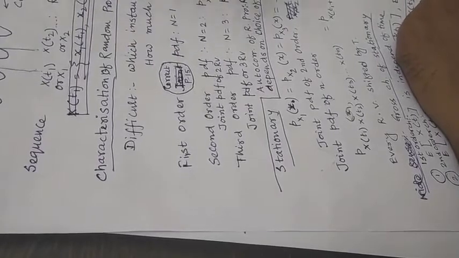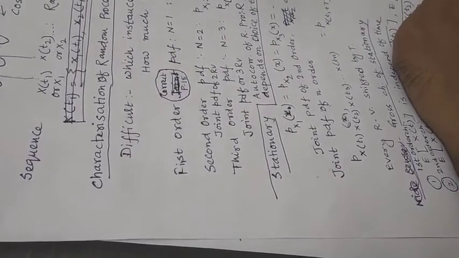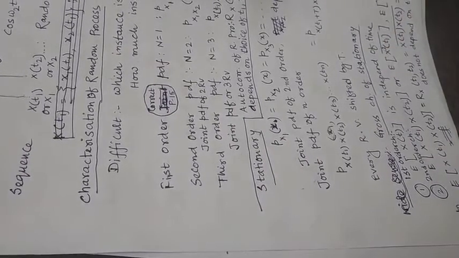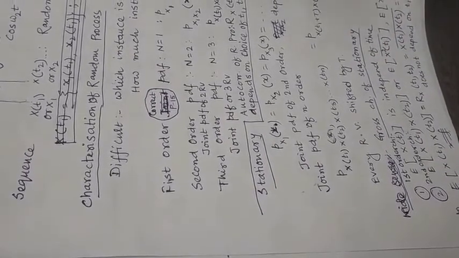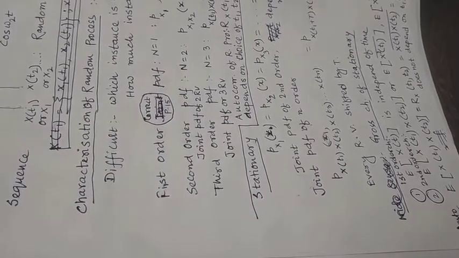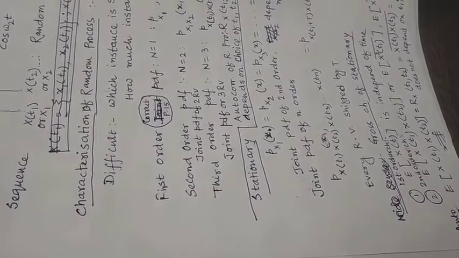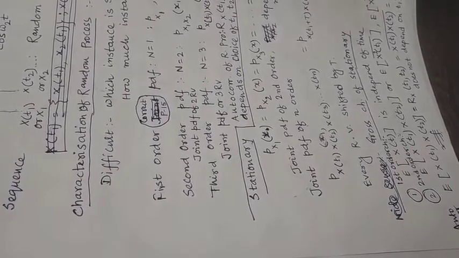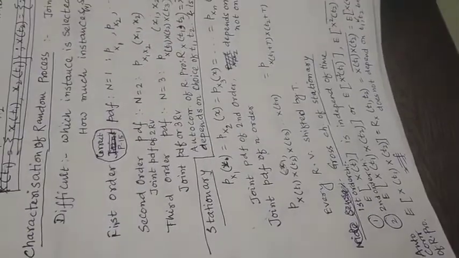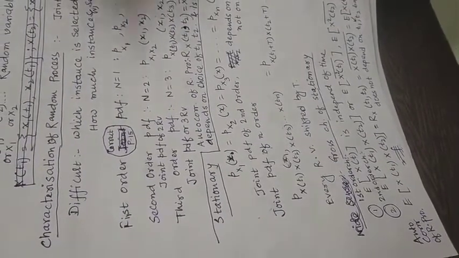This is the true or complete characterization of random processes, but it is not always practical. To characterize by probability density function, we must have prior knowledge of all the waveforms and how they occur, in what percentage or probability, or how they are distributed.